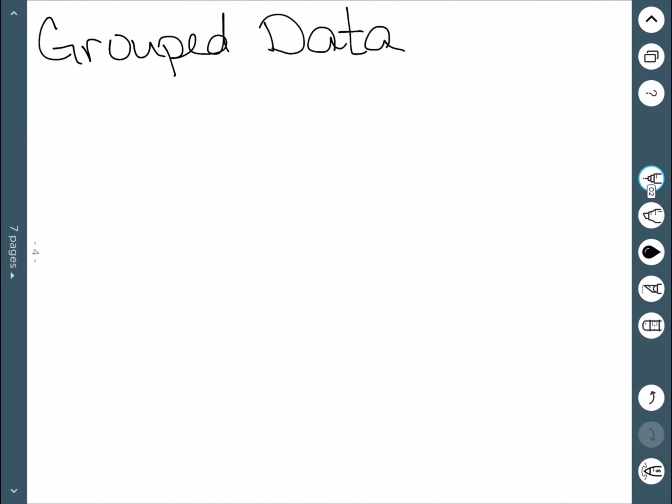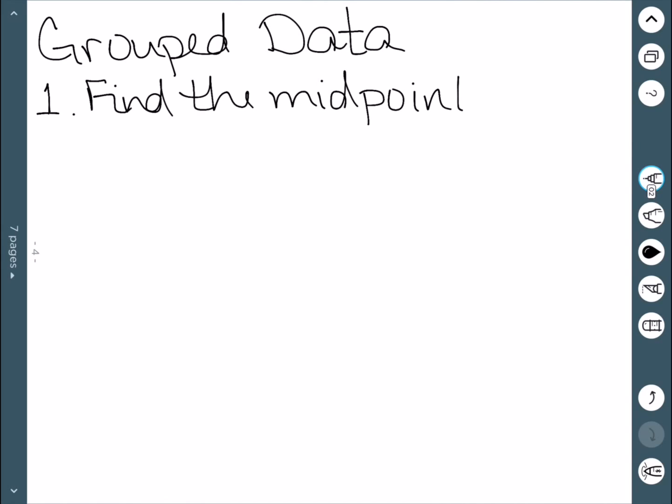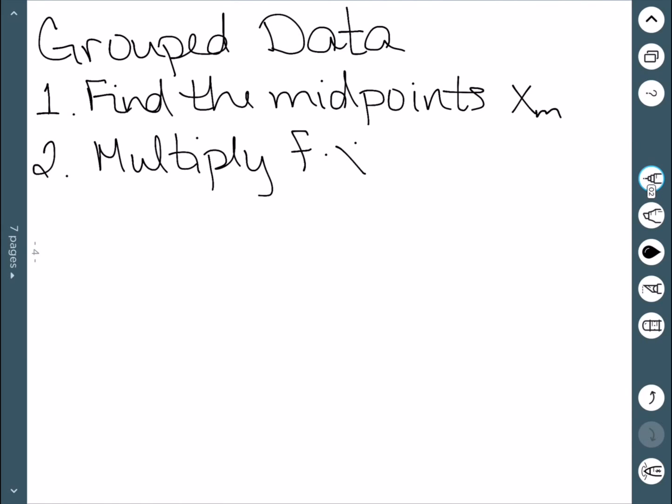We'll now talk about finding the mean of a grouped set of data. This is a set of data that is in a frequency distribution, and we want to find the mean. So the first step is to find the midpoints. We have our data set. We can add up our class limits and divide by 2 and get the midpoint. The second step is to multiply our frequency, which we're going to denote by f, by the midpoint, which I denoted x sub m for midpoint.